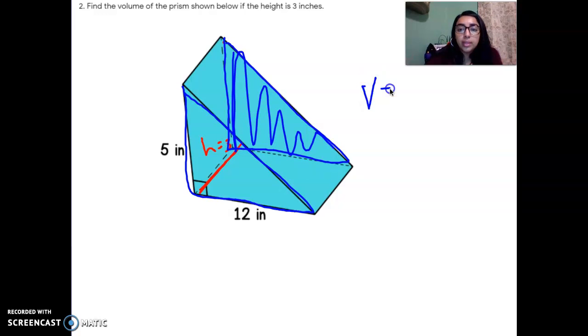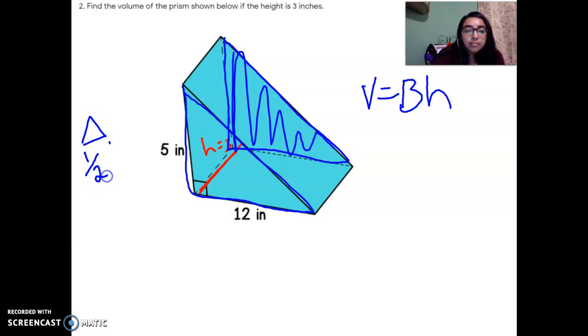So your volume formula is area of the base times height. Your base is a triangle, so remember the area of a triangle is half of base length times height. So 12 times 5. Notice that I use these sides because it has that right angle for the area of triangles. And then you have to divide that by 2 because that's the half.